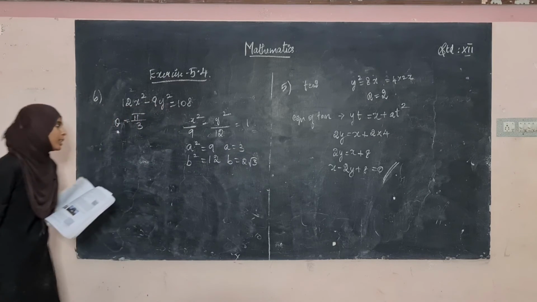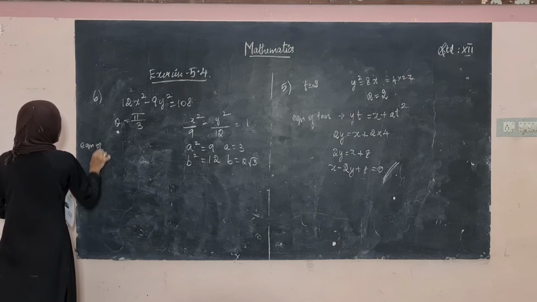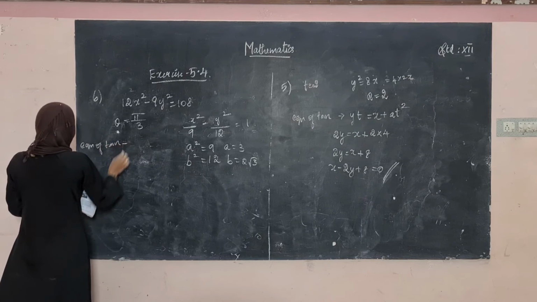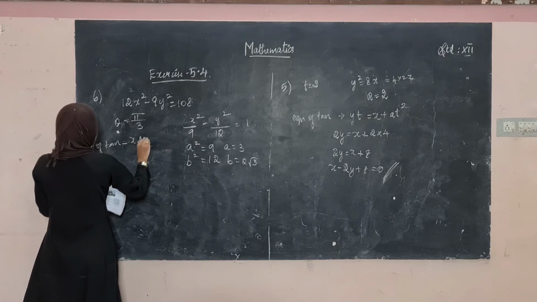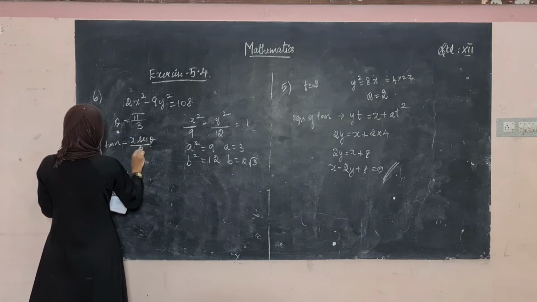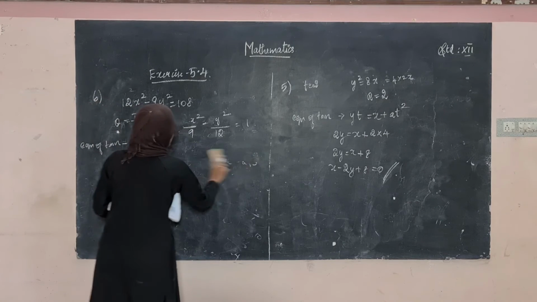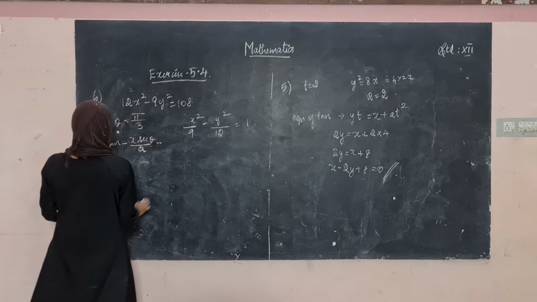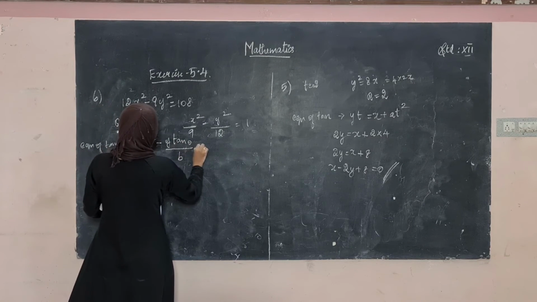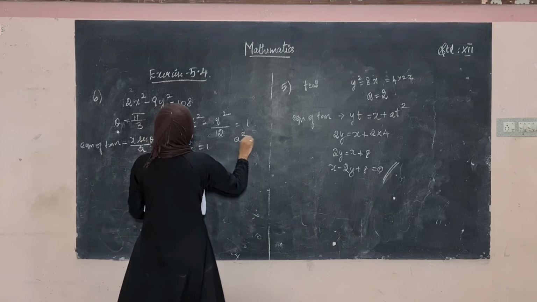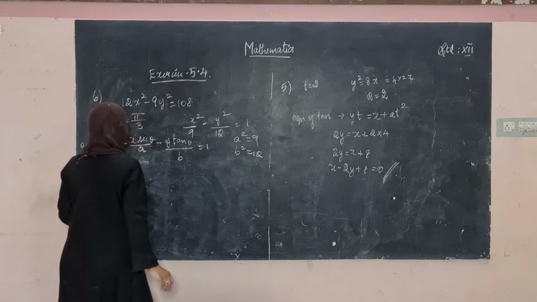We found the value of A square and B square. Now the equation of tangent in parametric form for hyperbola: x into secant theta divided by A minus y into tan theta divided by B is equal to 1.